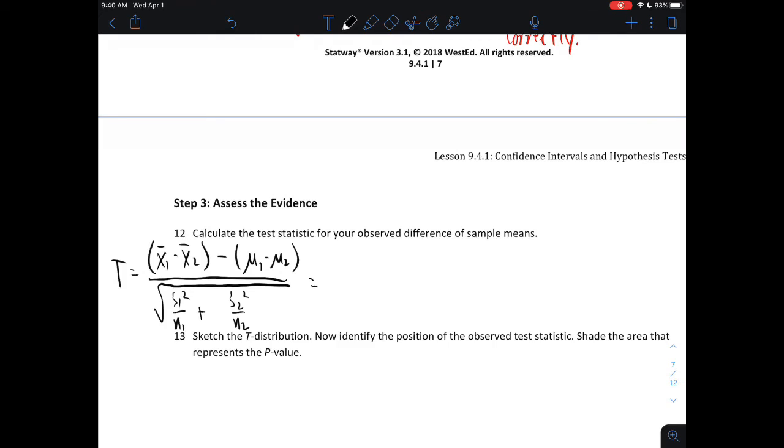We already have x bar 1 minus x bar 2 is 3. We already have from the null hypothesis mu 1 minus mu 2 is 0. And then under the square root, we can take our standard deviation for sample 1, which was given as 12 squared divided by sample size 1, which is 40. And then plus the standard deviation for sample 2, which was 15 squared divided by 35.